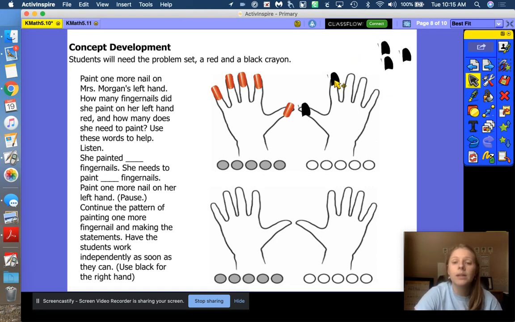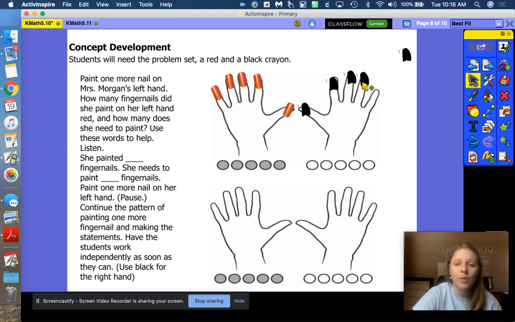Add 1 more. 6 and 1 more is 7. 7 fingernails painted. How many left? 3. So we're going to say 7 plus 3 equals 10. Great job. 7 and 1 more is 8. 8 plus 2 equals 10.